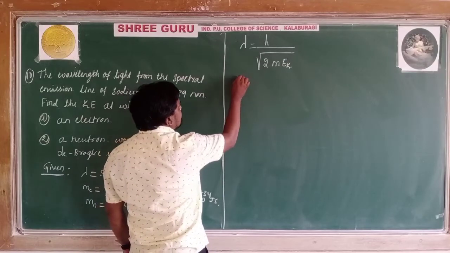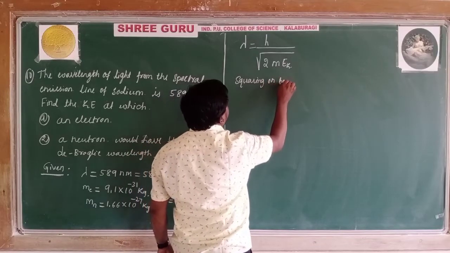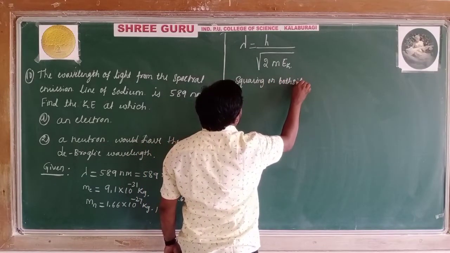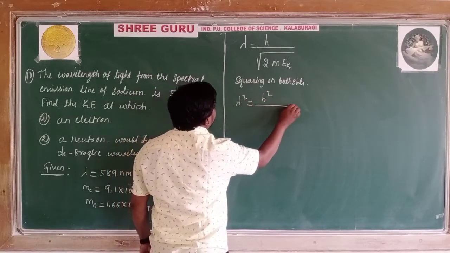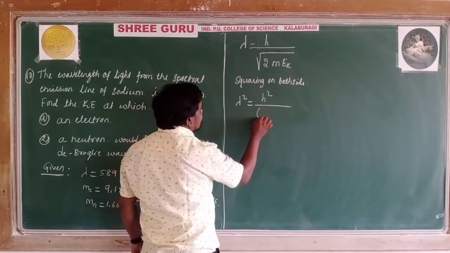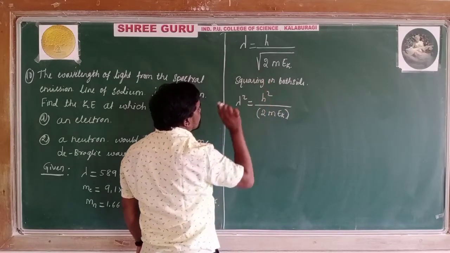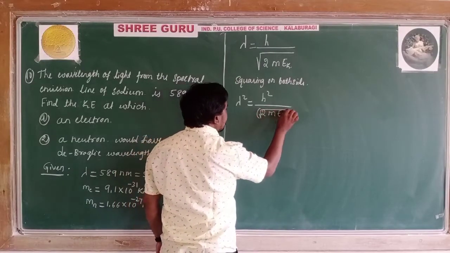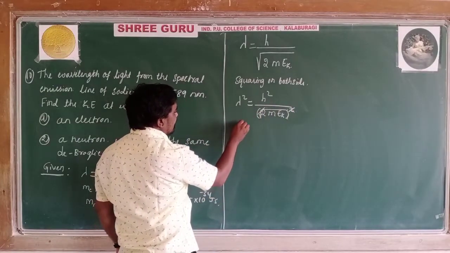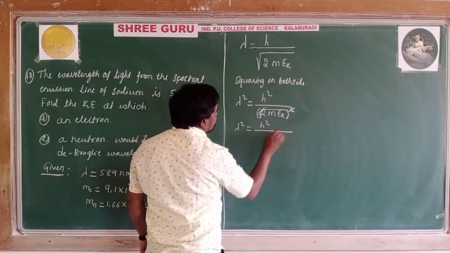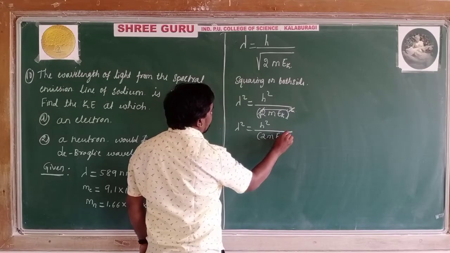Squaring on both sides, the square and square root get cancelled, and what remains is 2mEk. So lambda square is equal to Planck's constant square by 2mEk.